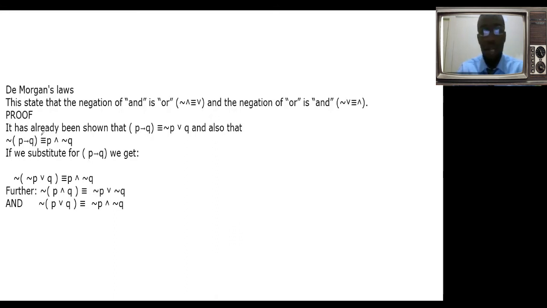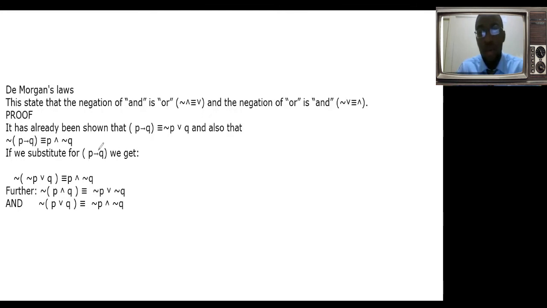So for example, let's go back to this. We said that the negation of P implies Q is P and not Q. But if we substitute for P implies Q, remember we proved that P implies Q is logically equivalent to not P or Q. We showed that, right?